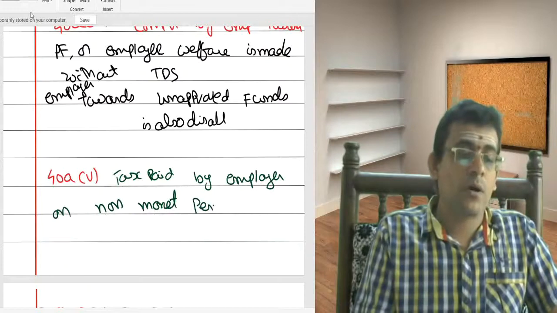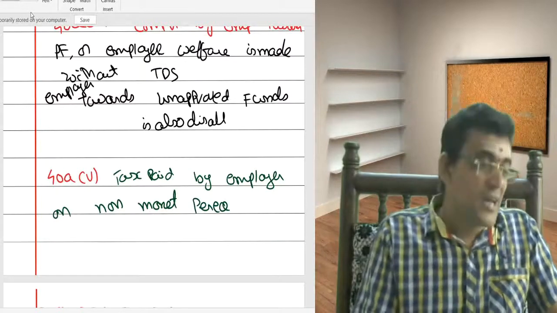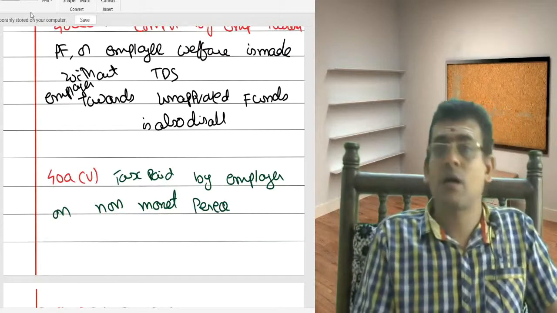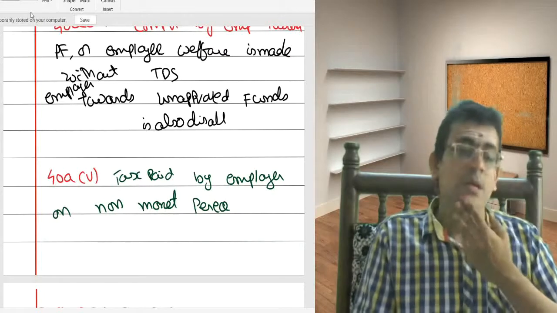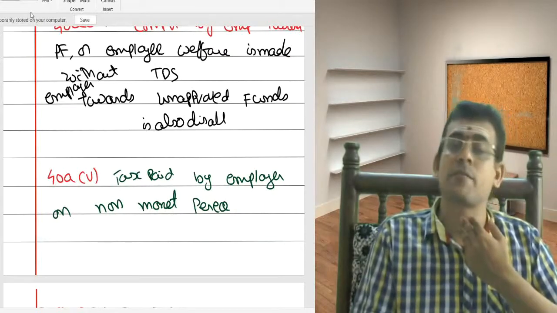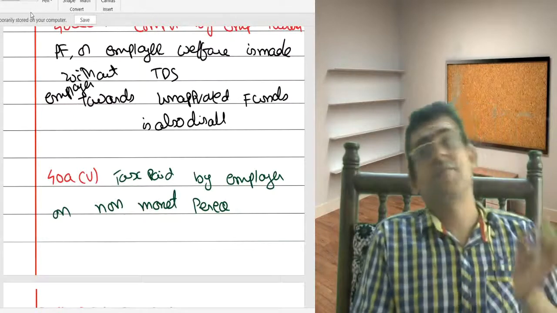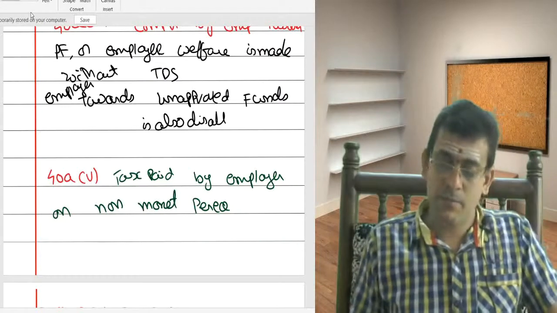If the employer is paying any sort of perquisite which is non-monetary, like rent-free accommodation, motor car, all these things are called non-monetary. So if any tax is paid by the employer on that non-monetary perquisite given to the employee, if debited to the profit and loss account, disallowed. That's what 40A subsection 5 is.